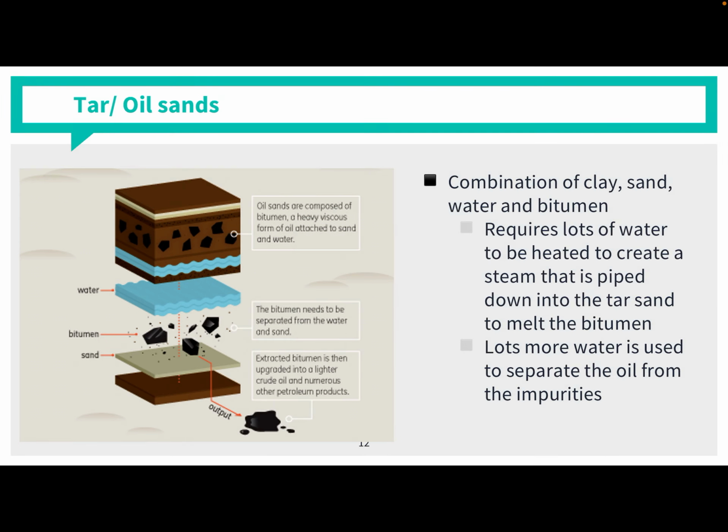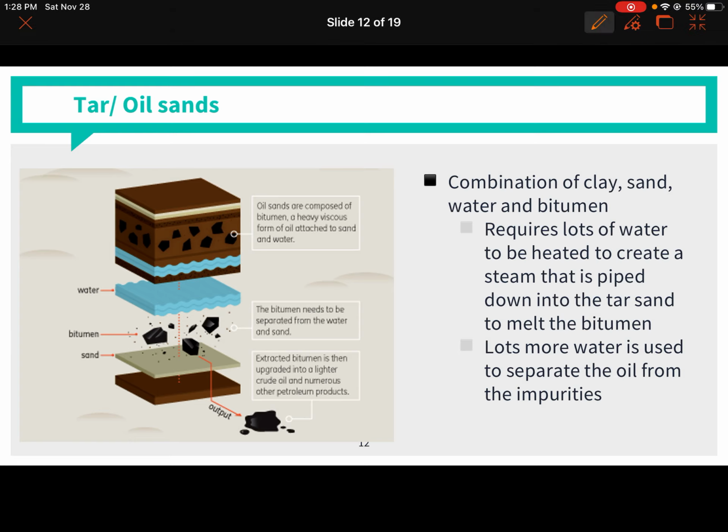So when looking at oil formation, we also have something called tar sands or oil sands. These are really popular in Canada. So oil sands are a combination of clay, sand, water, and bitumen, which is a non-liquid form of oil. So we can see here, it's very viscous and it's attached to the sands and the water.